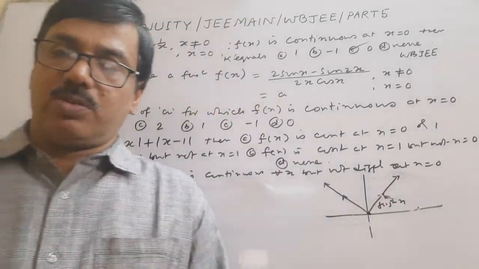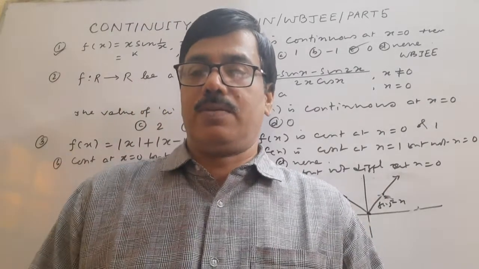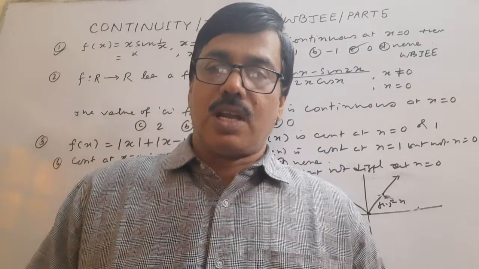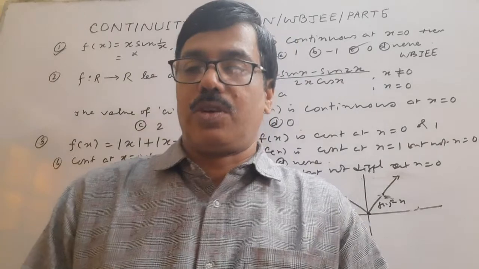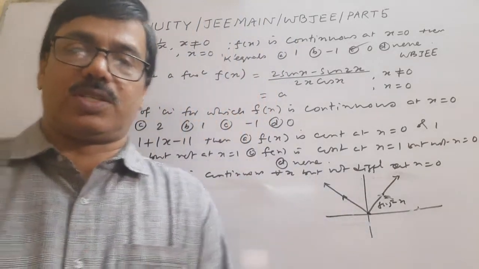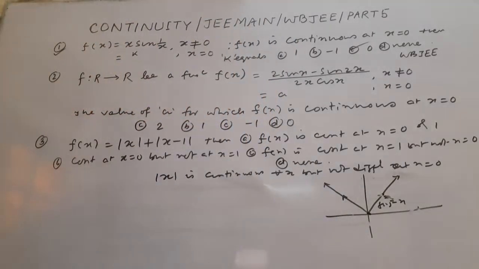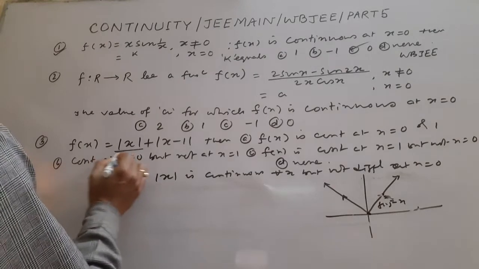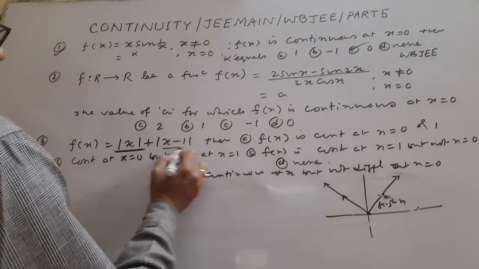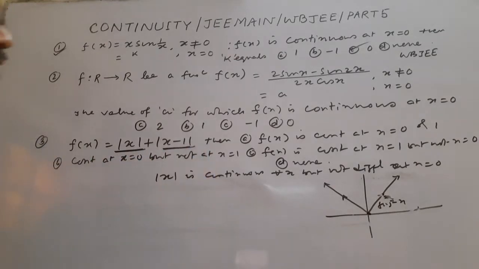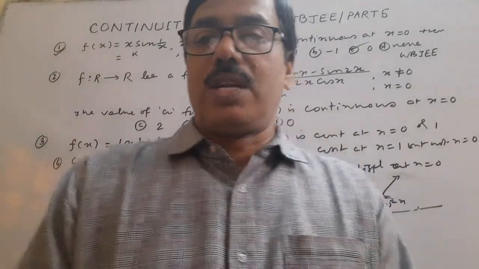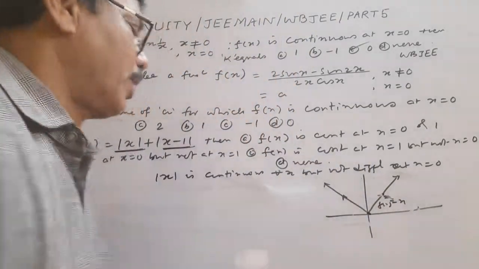We also know sum of two continuous functions is continuous. Sum of finite number of continuous functions is continuous. So, look, |x| is continuous for all x, and |x minus 1| is also continuous at x equals 1.